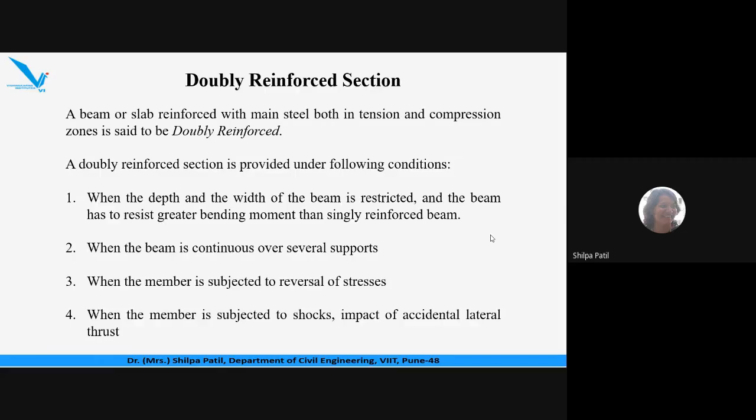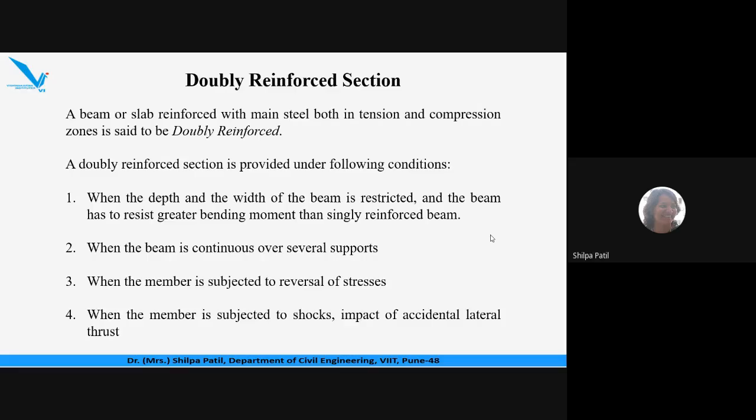In that case, if the bending moment acting on the beam is higher and we are not able to increase the dimensions, we need to increase the amount of steel inside the concrete. That is normally done by providing steel in the compression zone. So if a beam must resist a greater bending moment than the singly reinforced beam, we provide a doubly reinforced section.